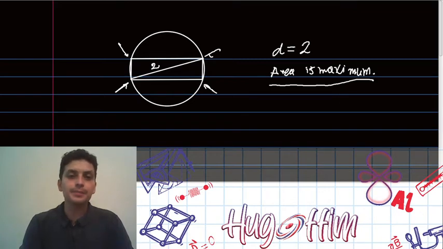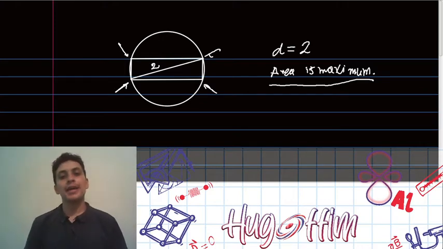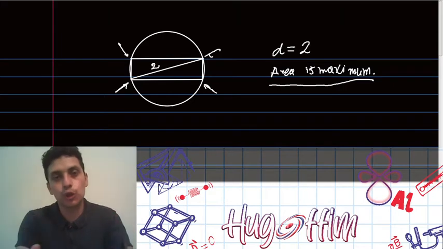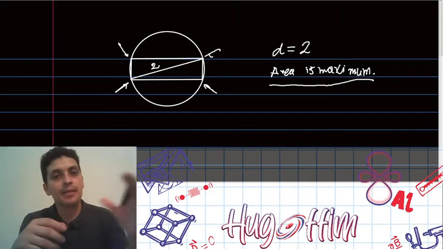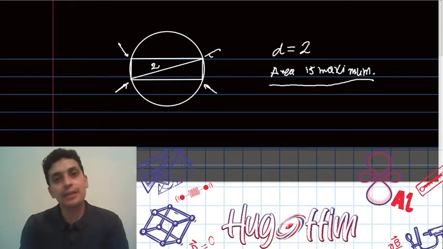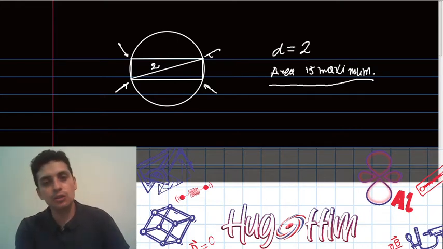First thing you have to do every time you have an optimization situation is to find a way to connect the function that you need to maximize with the dimensions or the variables that you have involved. In this case, it's asking us about dimensions and area. So it's pretty easy to know that the area of the rectangle is just base times height.